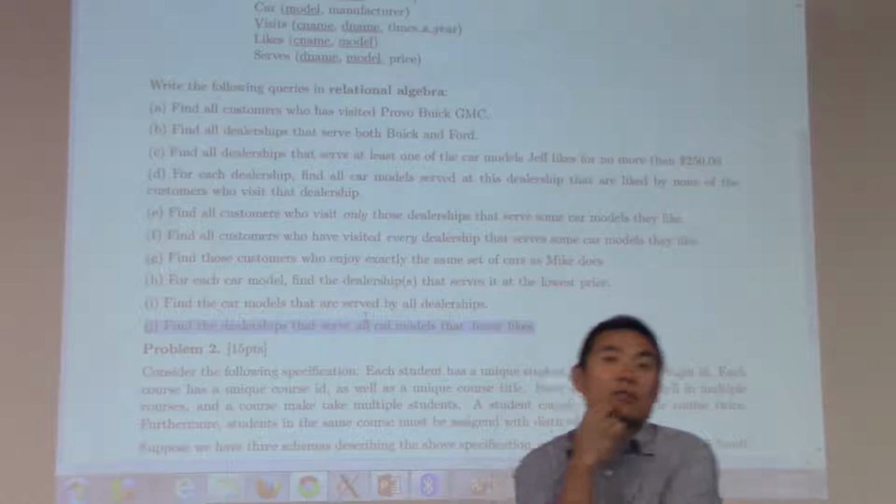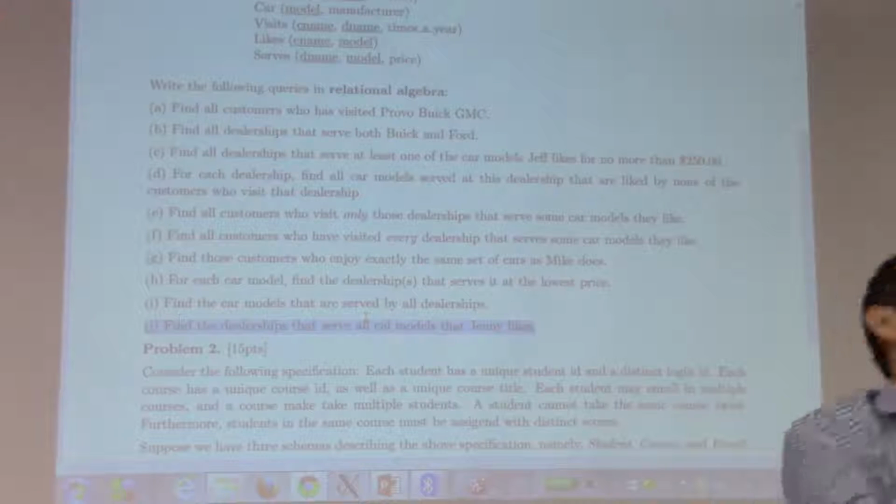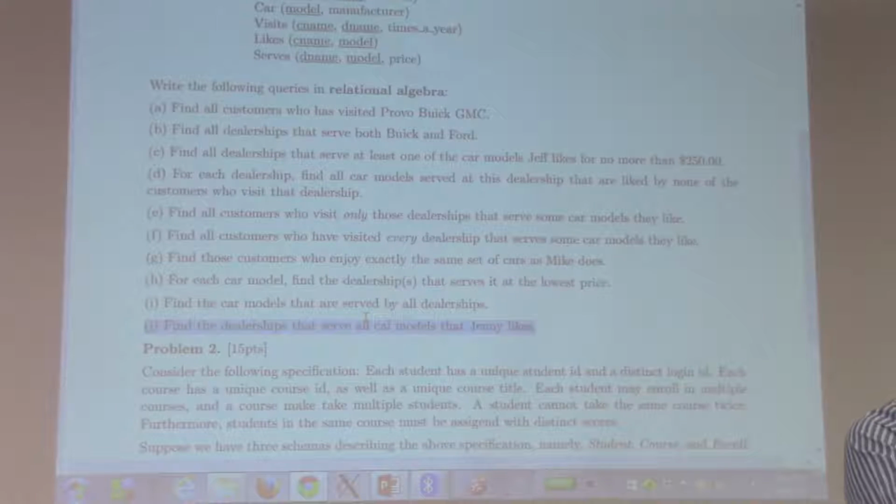My gut feeling is this will be difficult to do using division, if not impossible.